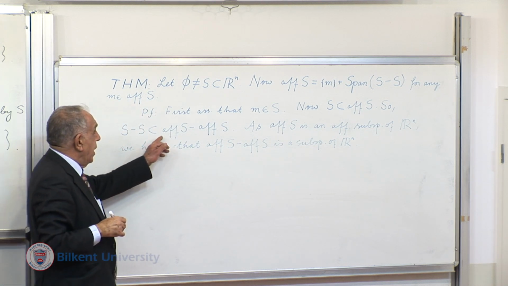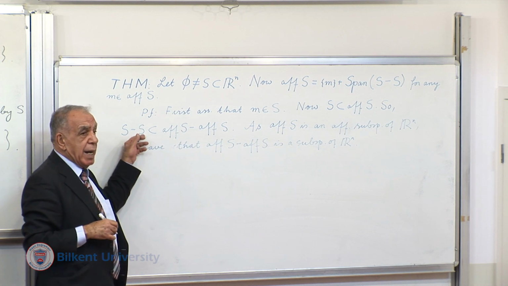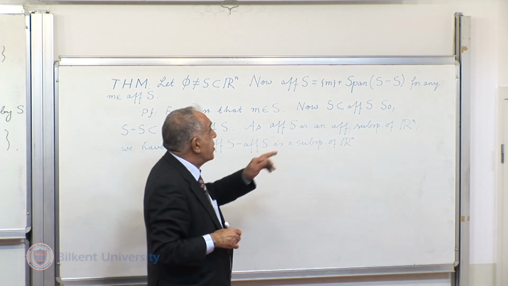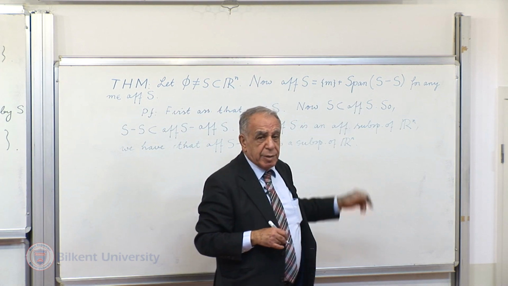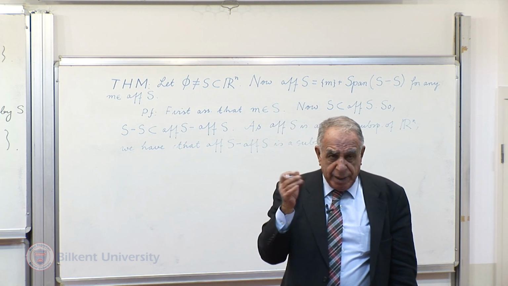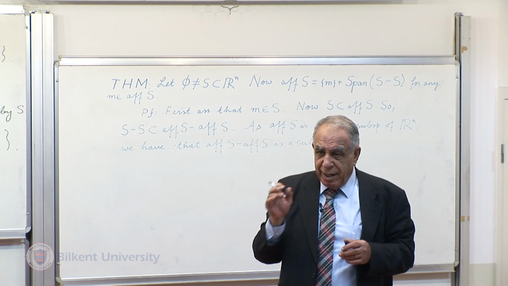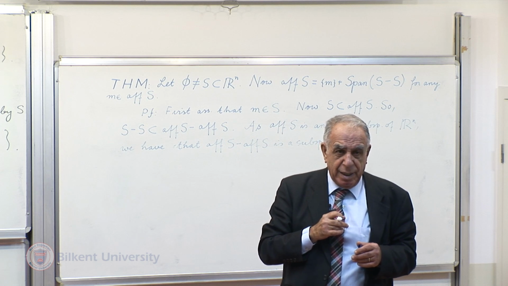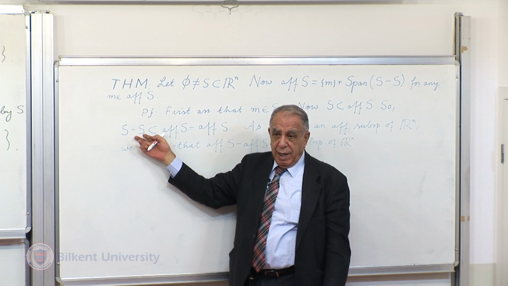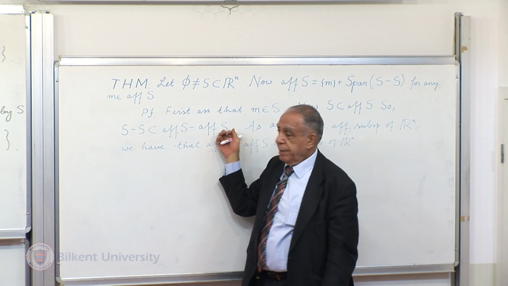But if this is a subspace containing S minus S, how is this subspace related to the subspace spanned by S minus S? Span of S minus S is the smallest subspace containing S minus S. Well, this is another subspace which contains this. Thus, span S minus S will be contained in here.